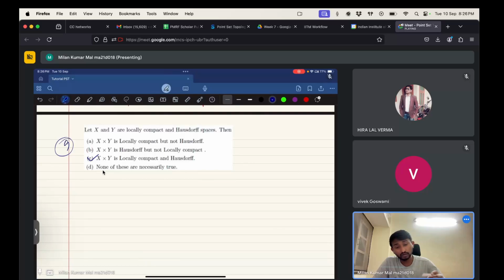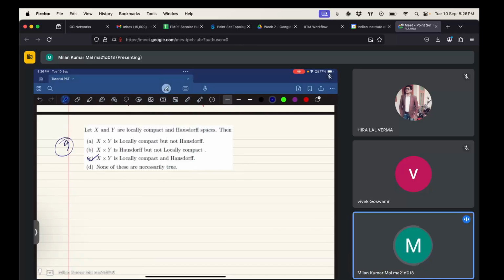If X and Y are compact, then their product is again compact. So here the locally compact property is also maintained: if X and Y are locally compact, then their product is again locally compact.